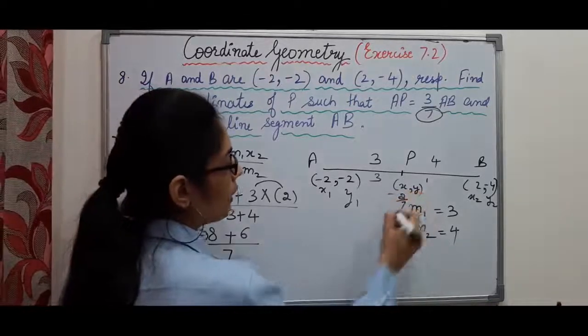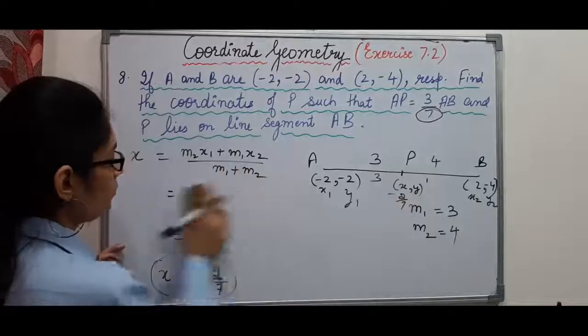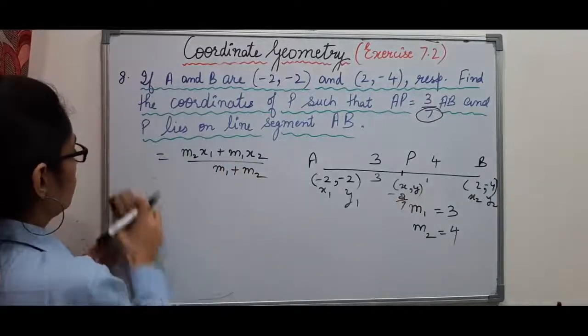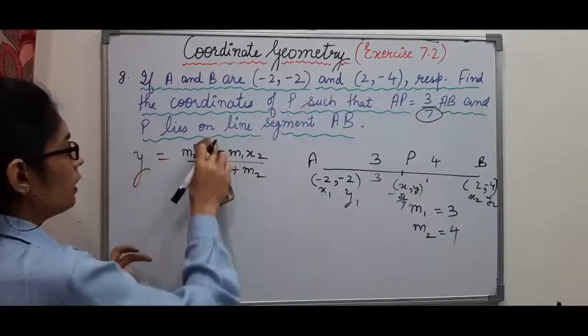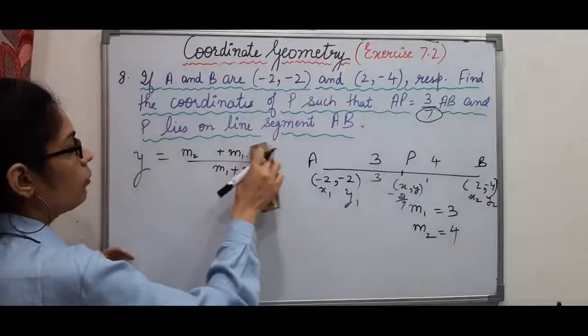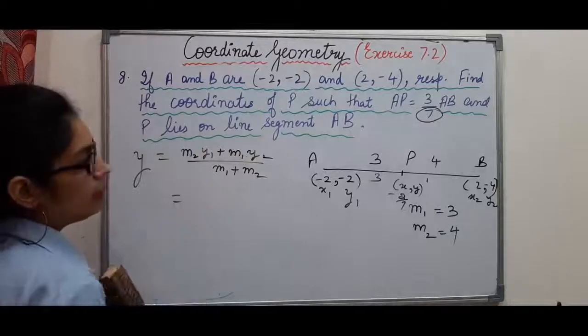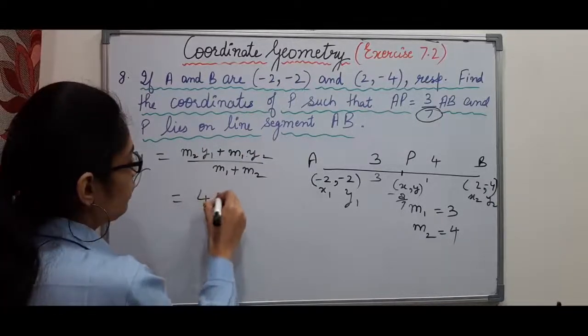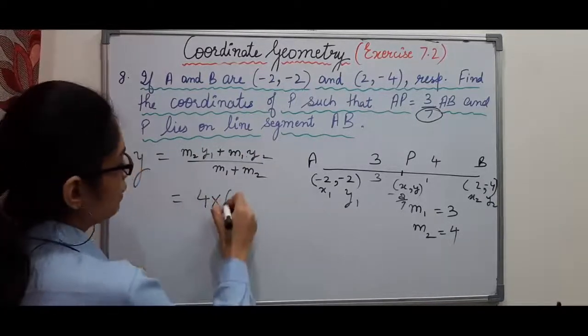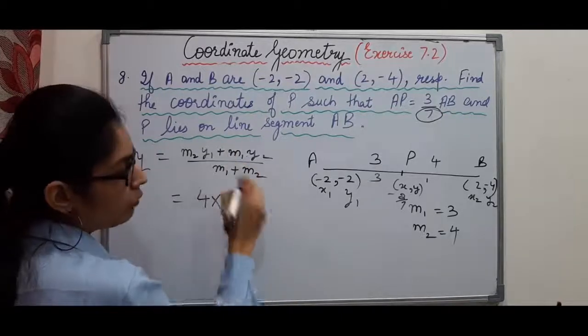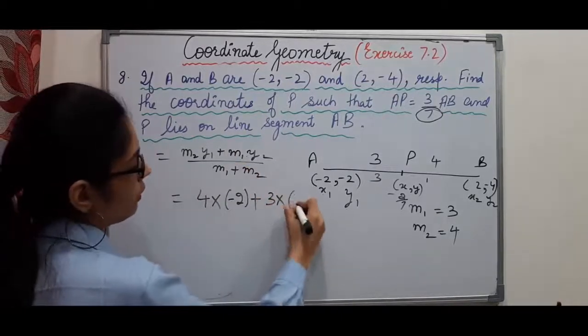Now let's find the value of the y coordinate. So instead of x we now put y1 and y2. m2 is 4, y1 is minus 2, plus m1 which is 3, y2 is minus 4.